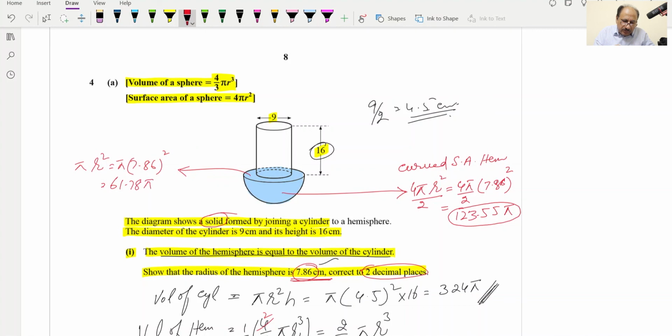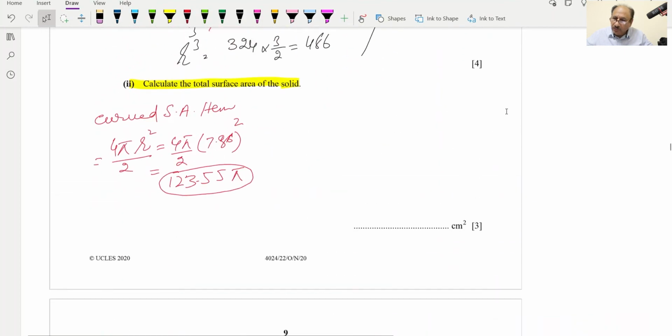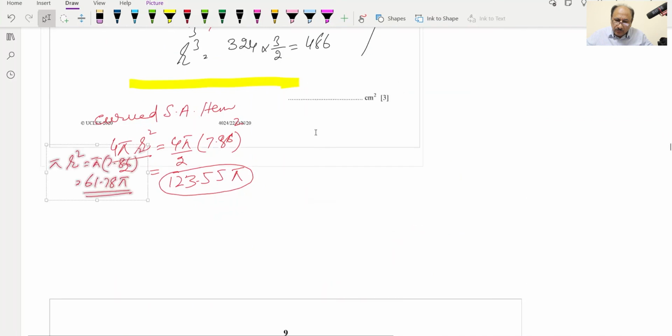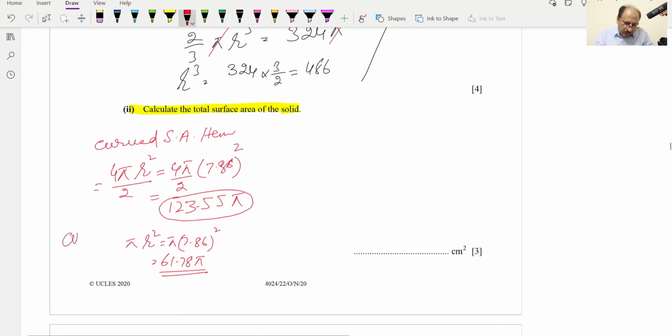I'm keeping everything in terms of pi. So this will be the area of this circular portion. We will shift this also over here, and write circular area of hemisphere. So we got two areas.